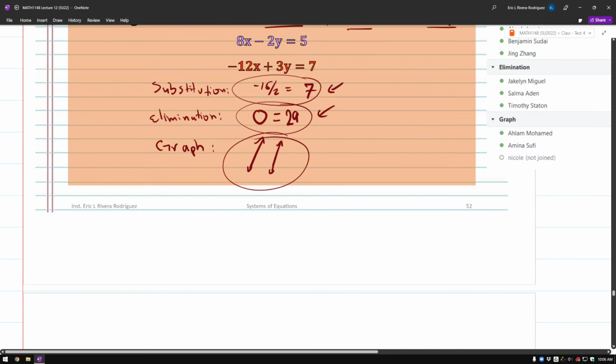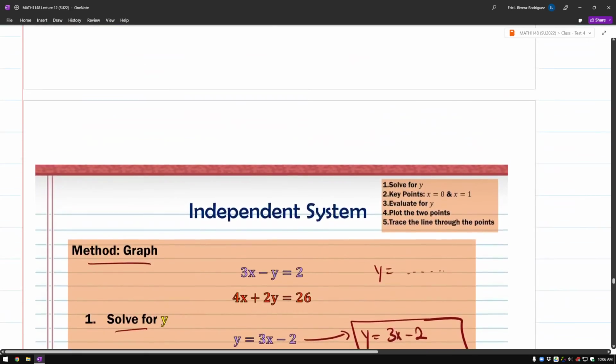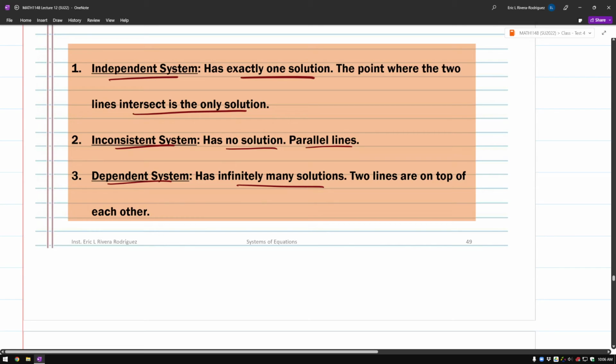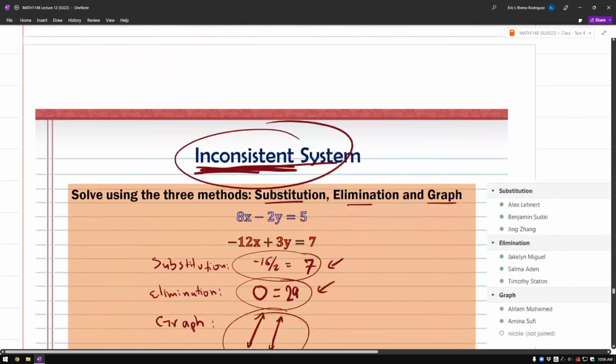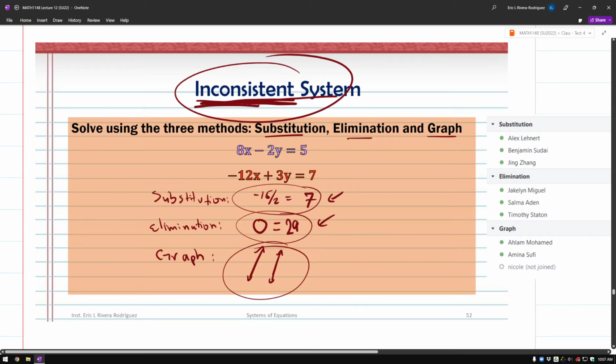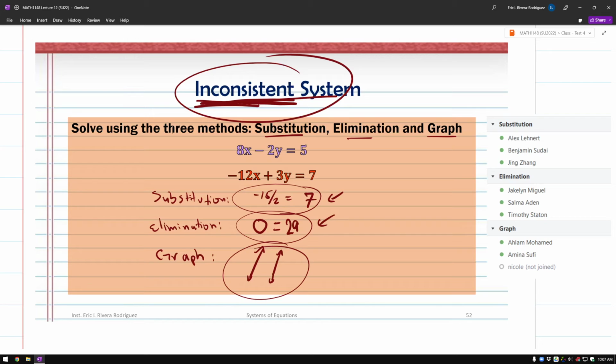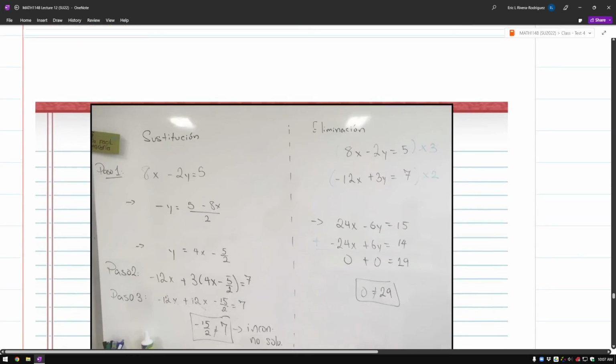Or we could have a dependent system where we are going to find infinitely many solutions. We are going to work on that one in a moment. But what you did there, all three groups, was right, because you got to a solution that tells us this is an inconsistent system.